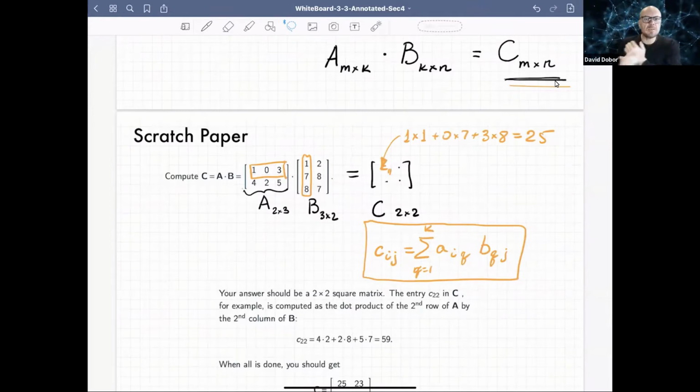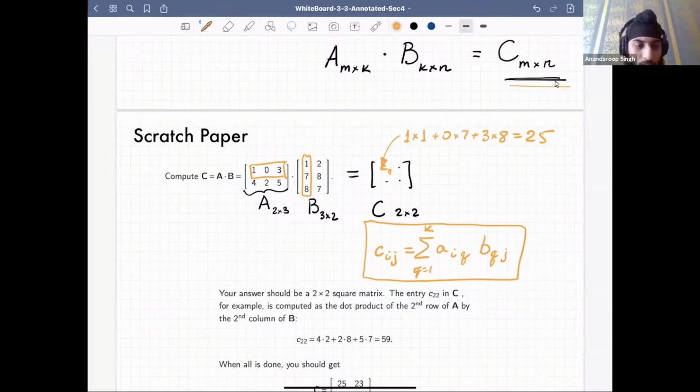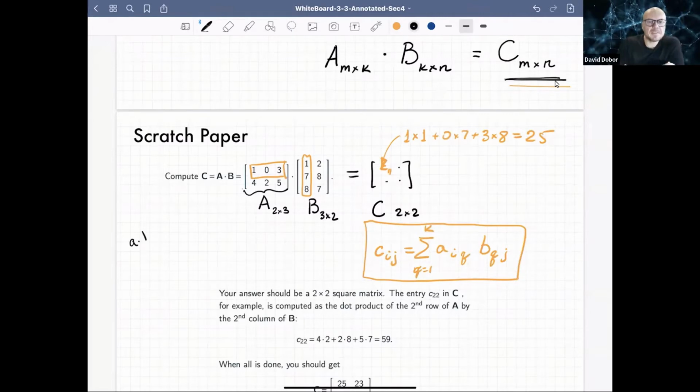What did we note about the product of two matrices last time? Is it a commutative operation? What do we mean when we use the phrase commutative operation? For example, AB is equal to BA. Yes, if A and B stand for some numbers, real, complex, whatever, then the order in which you place them to compute the product does not really matter.